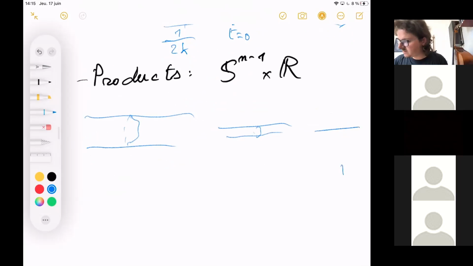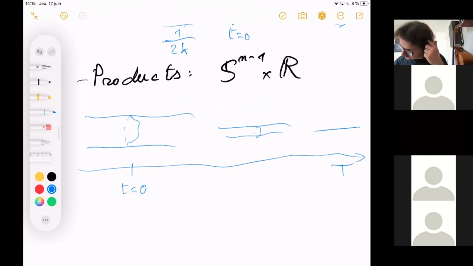And at the singular time, which would be here, I guess, 1 over 2 n minus 2, because we have the Einstein constant of the n minus 1 sphere, we have collapsing to a line. This will be a very important picture to have in mind, because it's the one kind of singularity that happens when you try to understand Ricci flow with surgery.